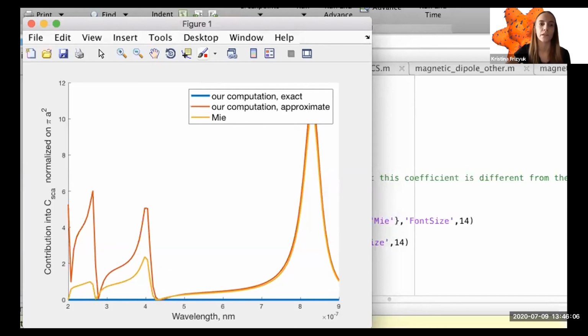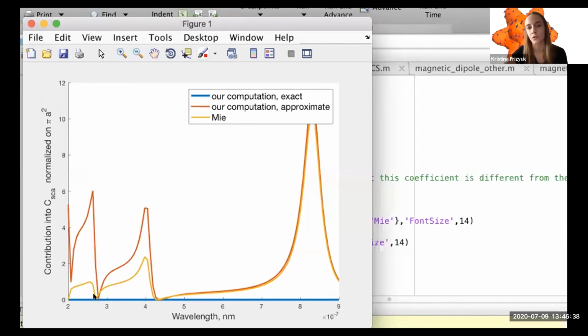Okay, you only need magnetic dipole. The other file I will send later. Yes, you need to get the same plot. Here, the yellow line is just Mie theory, and the orange line is the computation by an approximate formula.